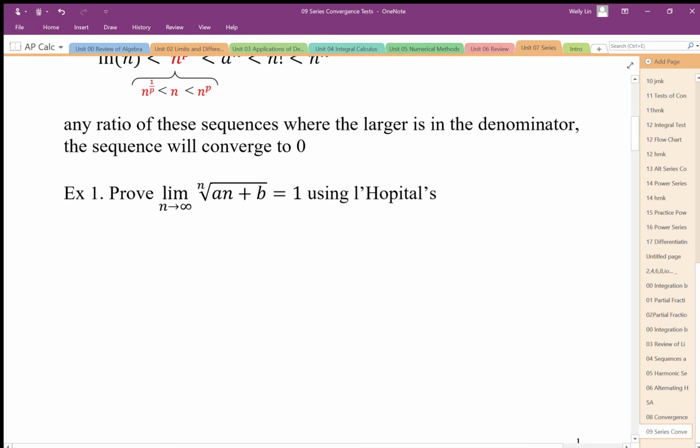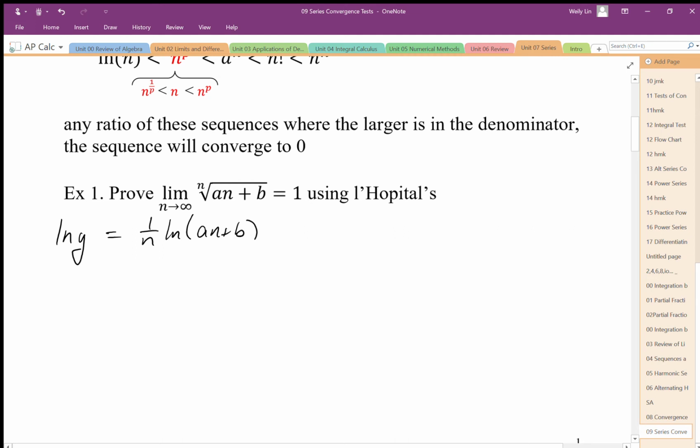So we can do this using L'Hopital's rule. We have this limit here. We have a power, so we need to be able to bring that power down. So we're just going to start with our log form. We're going to say log y is equal to 1 over n times log of a n plus b.